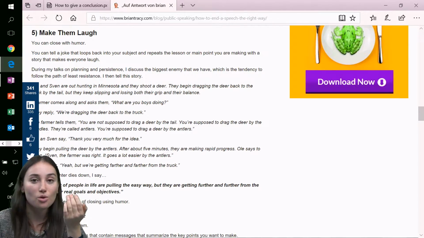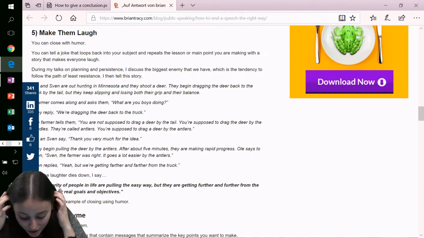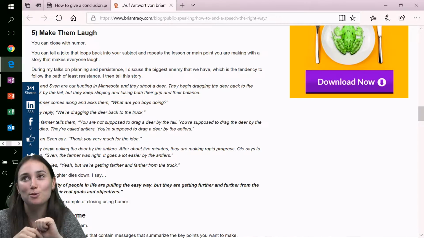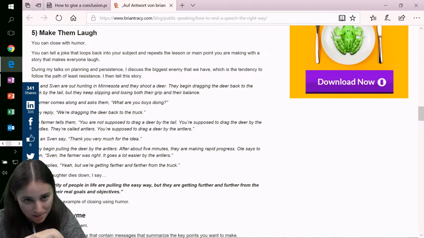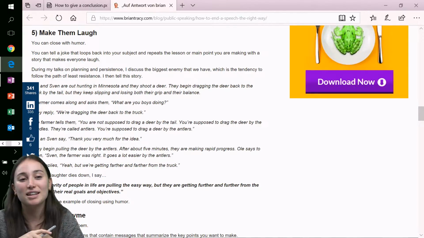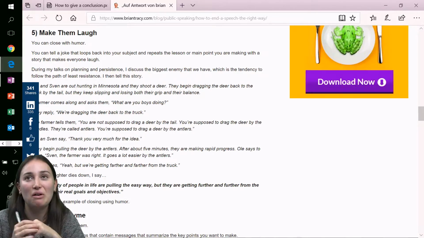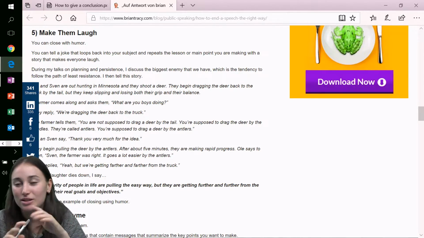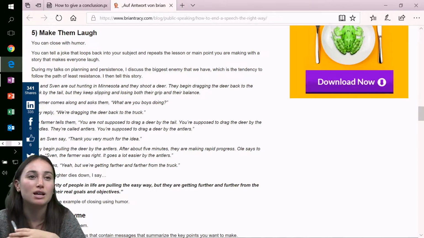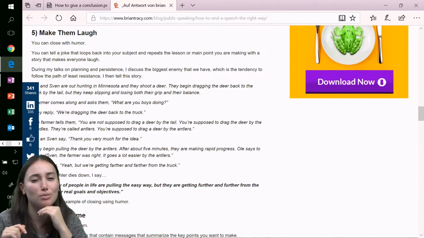Otherwise, if you read a whole page of jokes, I don't think it will work out fine, because on the one hand it costs a lot of time, and on the other hand, when it's a very long joke and people don't really like it, I don't think that will influence your speech or your presentation in a positive way.